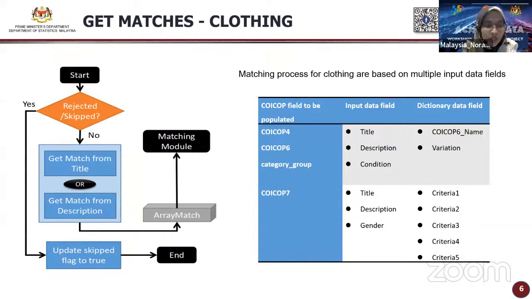Here we have array match, which is the temporary storage for matching results. And then next, update skip flag to continue to skip the next process. The input data field is different from the vehicle, which in clothing we have title, description, condition, and as for COICOP 7-digit we have title and also 5 criteria for dictionary data field.